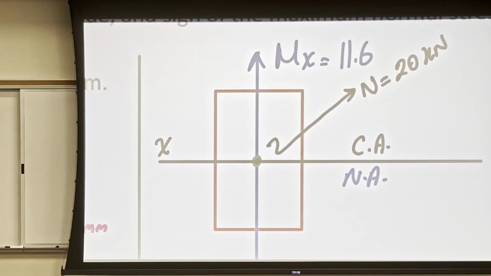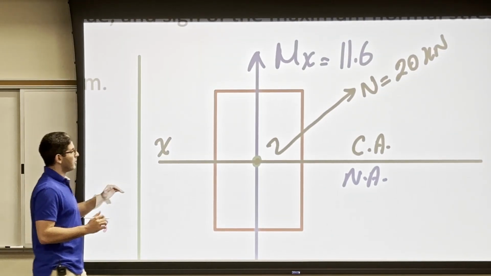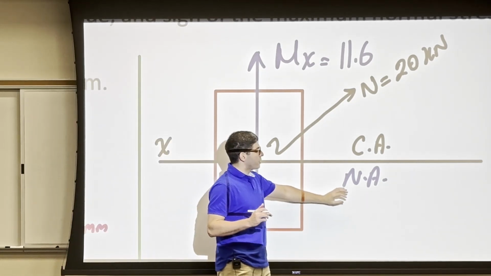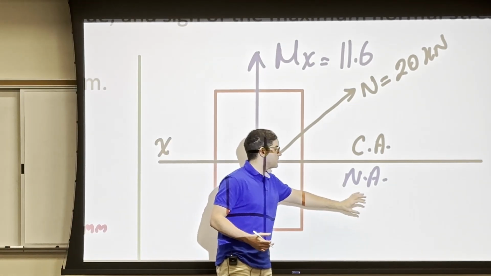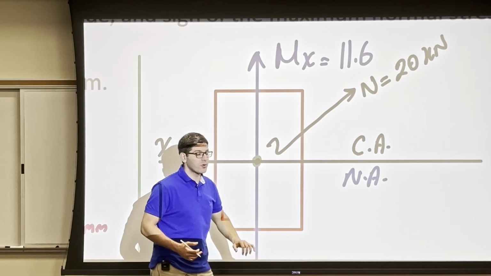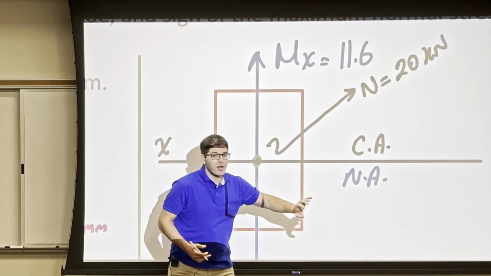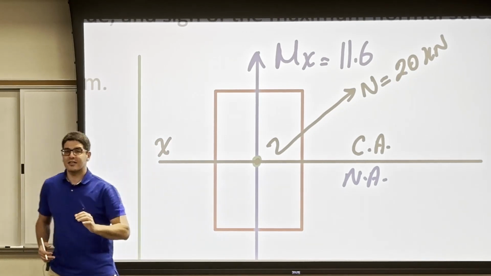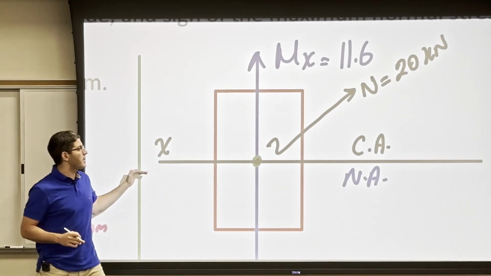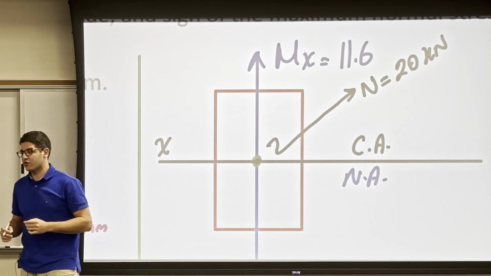The neutral axis is defined as where the stress is equal to 0, or where the tension switches to compression, or compression switches to tension. That's the axis where the tension and compression change.